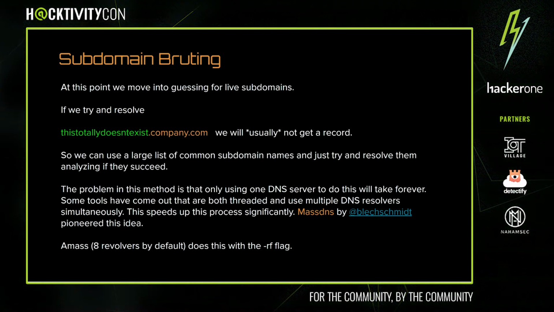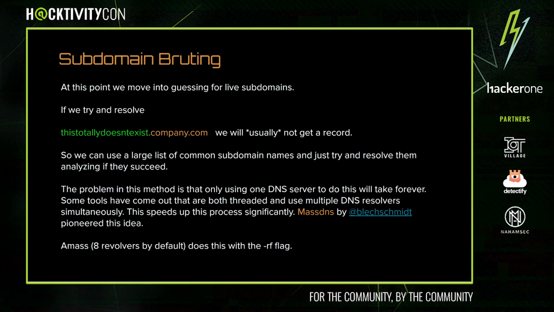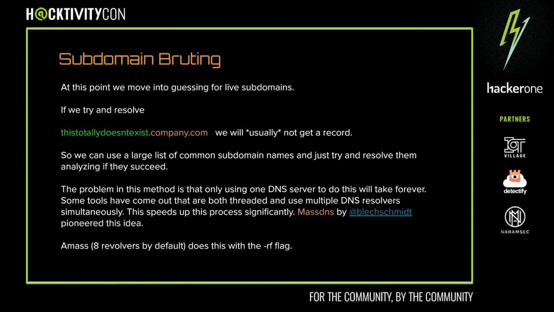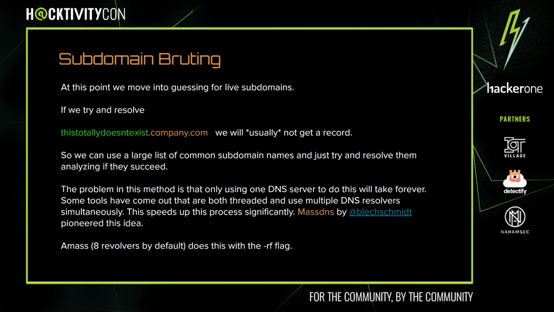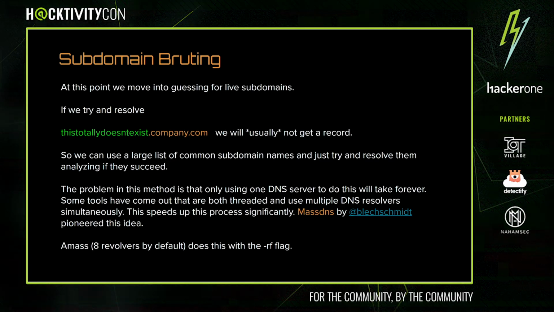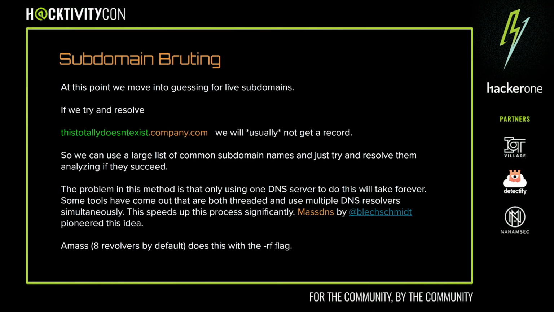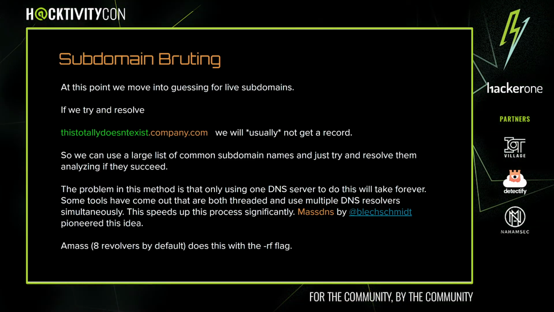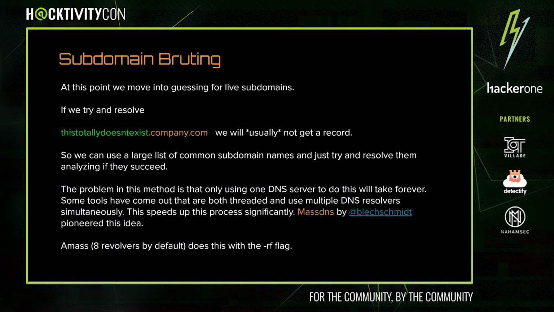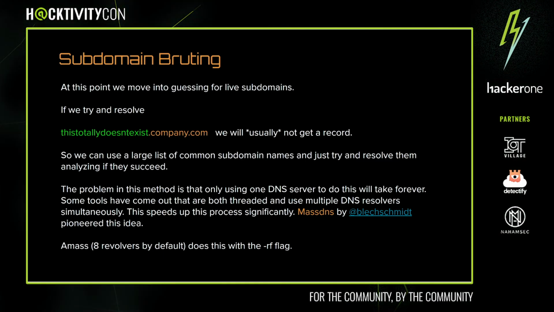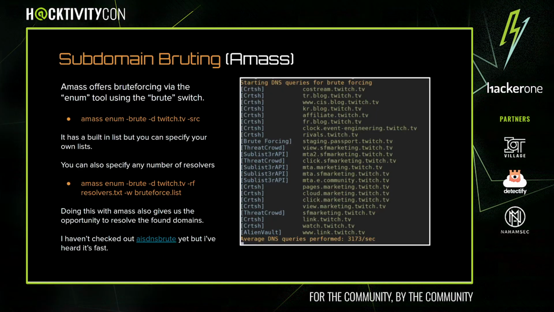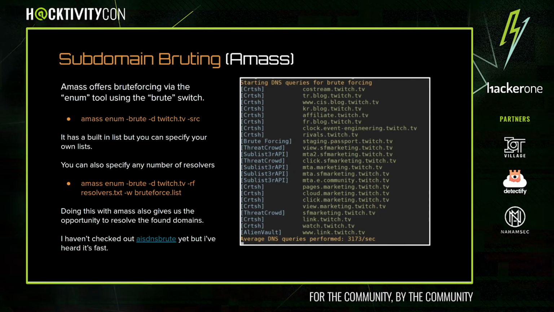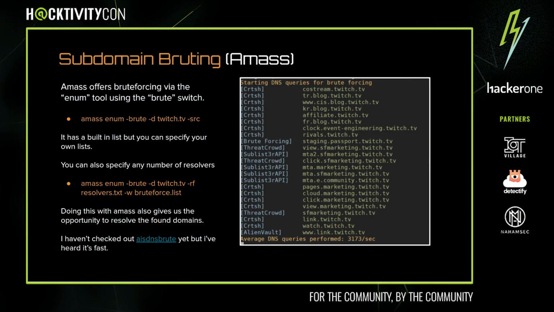So Amass has now built this idea of multiple resolvers into its tool, and it's had it for quite a while actually. I was using MassDNS for the longest time, and they pioneered the idea, but I now use Amass for this, and Amass already uses 8 resolvers by default, and you can go out and parse more resolvers for yourself that you trust, DNS resolvers, and add them to its list, and it'll dramatically increase the brute forcing speed of Amass. So amass enum -brute -d your domain, and then you can even add the -src flag.